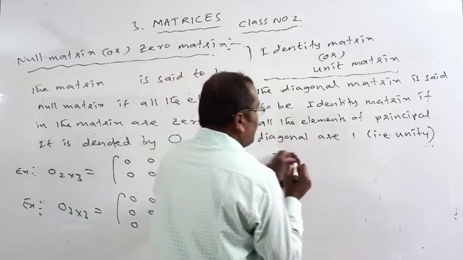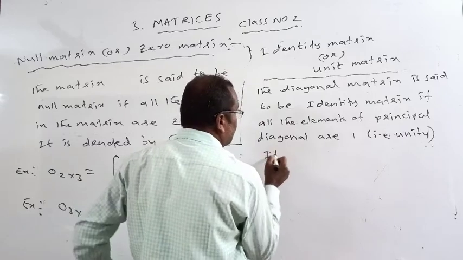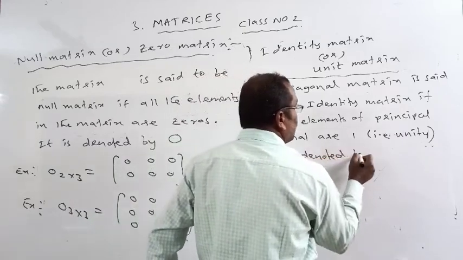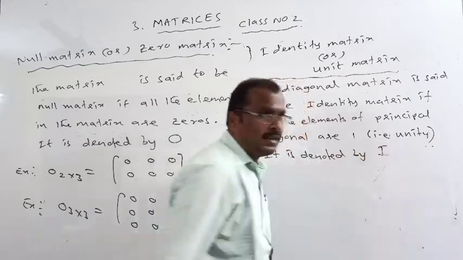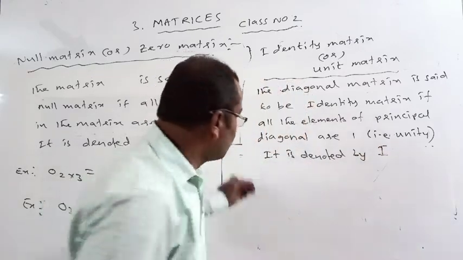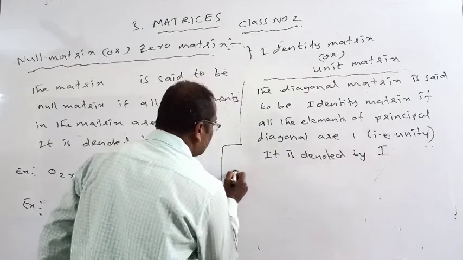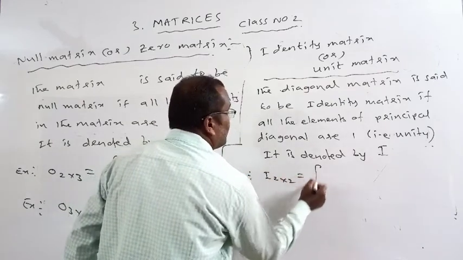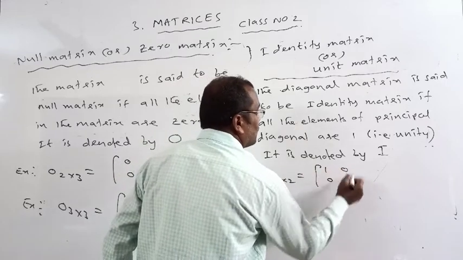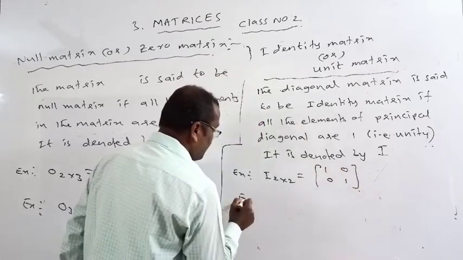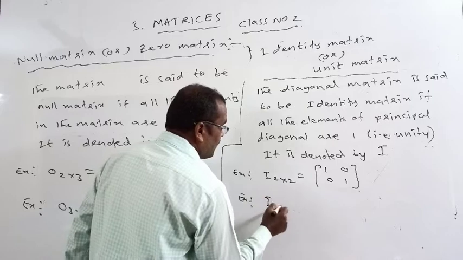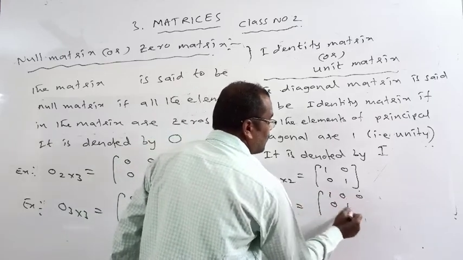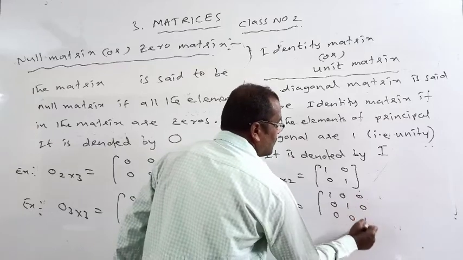It is denoted by capital I. So now give the example. A 2 by 2 identity matrix: 1 0 0 1. I 3 by 3: 1 0 0, 0 1 0, 0 0 1.